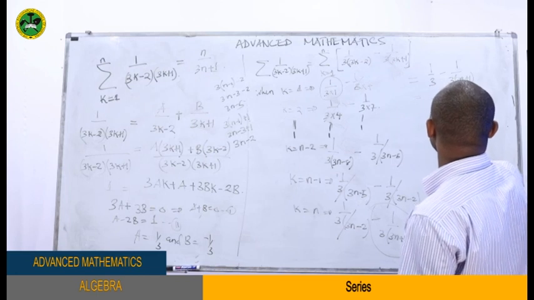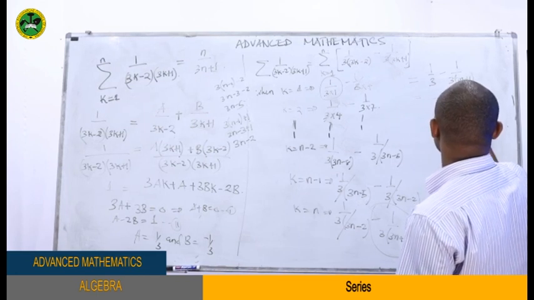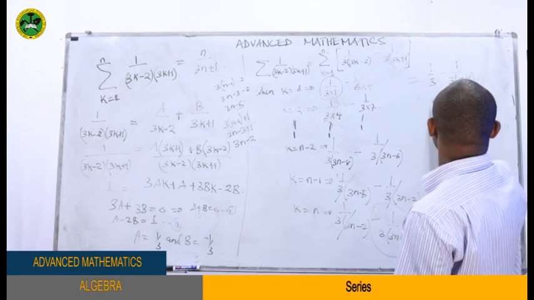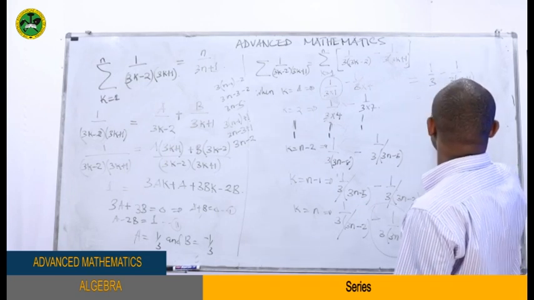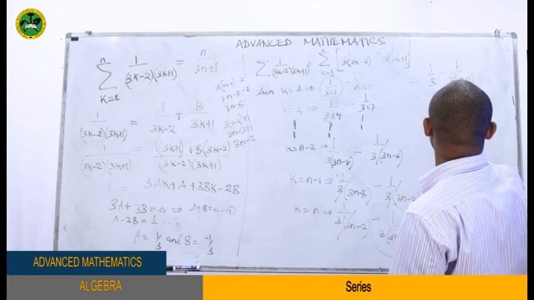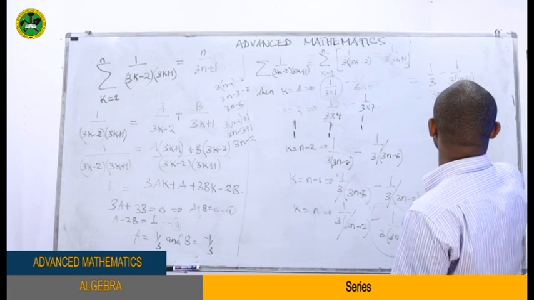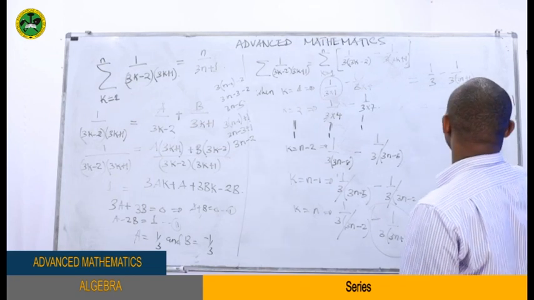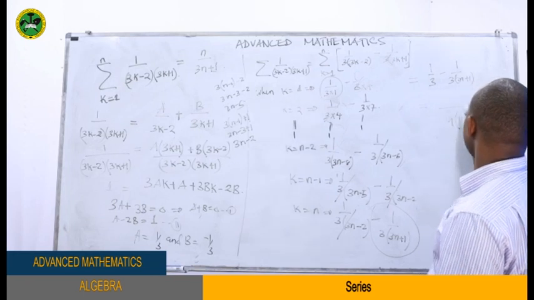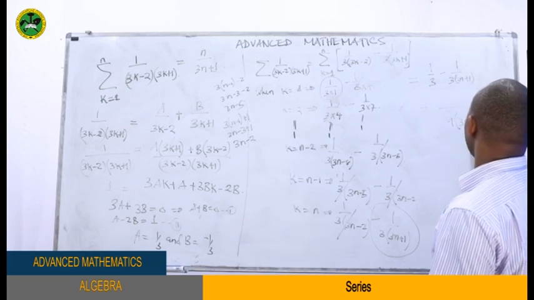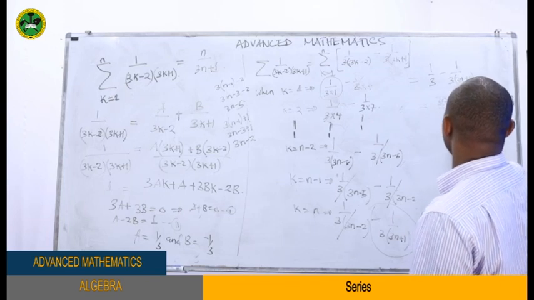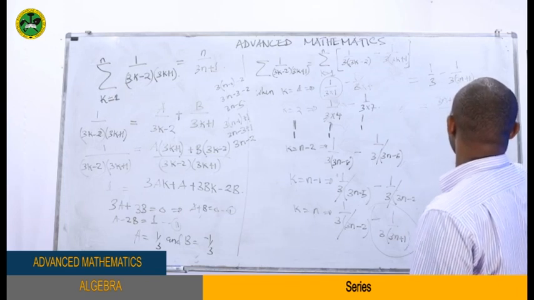So we are going to have a 3 times 3n plus 1 as the common denominator. Finding the sum there will be equal to what? Let's write there will be 9. This times that is 9 times 3n plus 1.